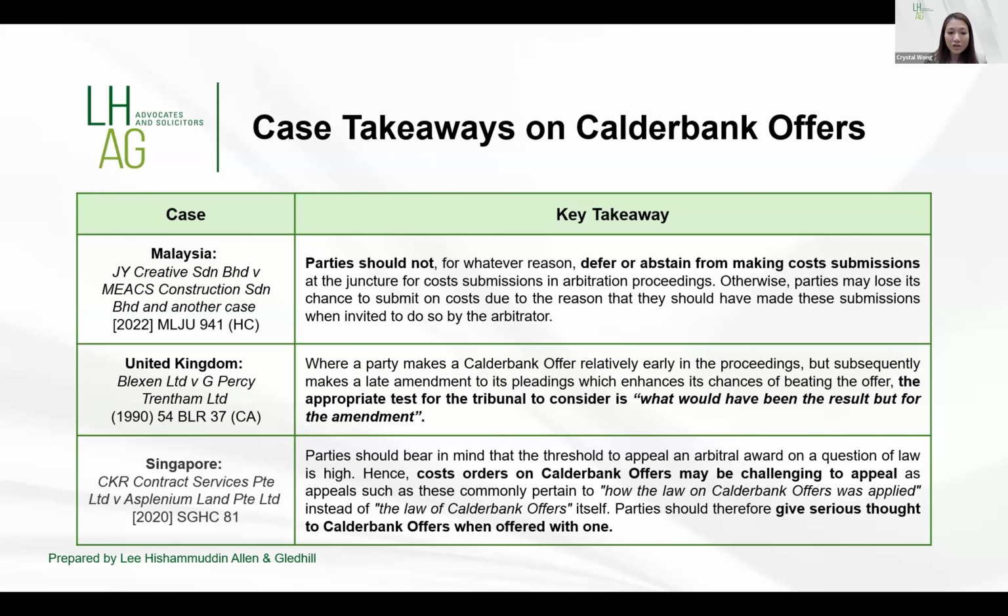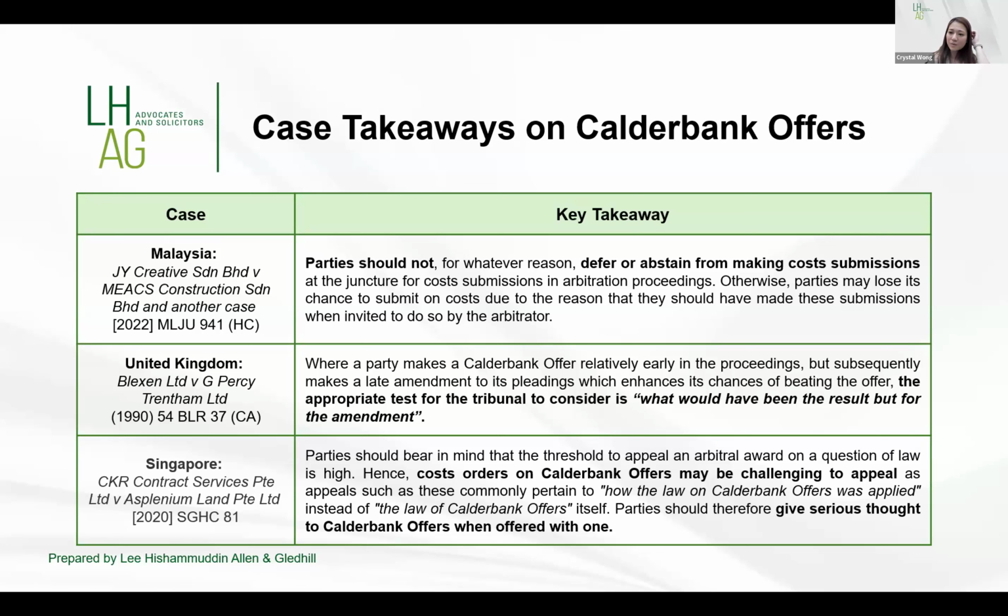Of course, in this situation, the arbitrator made the costs order against the claimants because the claimants are the party that refused the Calderbank offer. But the claimants in this case argued that the respondent was successful only because amendments to the defense were made.